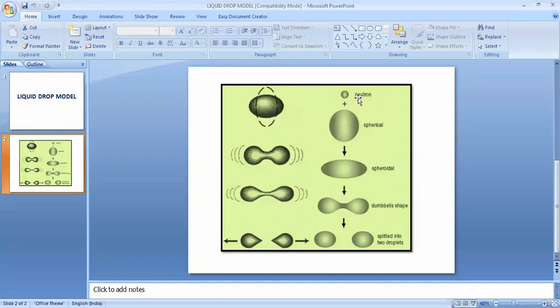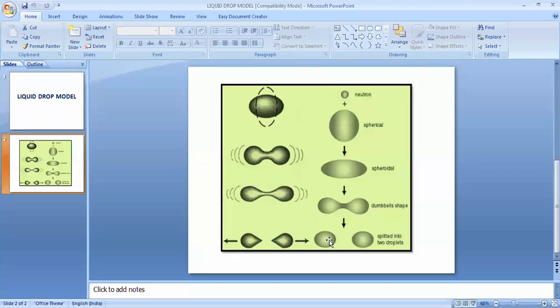Similarly, when a slow moving neutron bombards a uranium-235-92 nucleus, initially before bombardment it is spherical in shape, but when the fission reaction is in progress, the spherical shape becomes ellipsoid, then dumbbell shaped, and as the reaction progresses it is converted into two fragments.